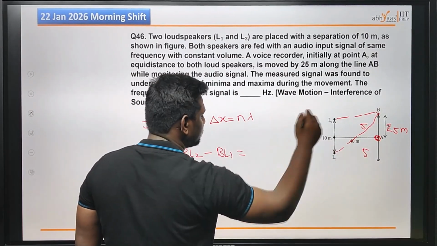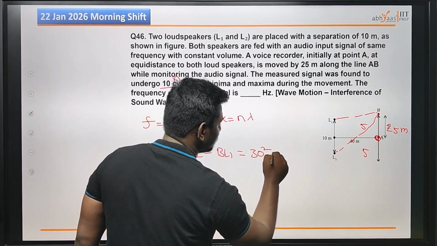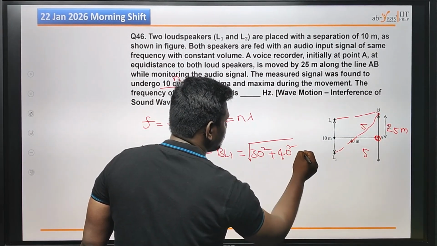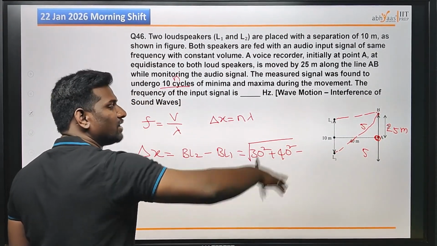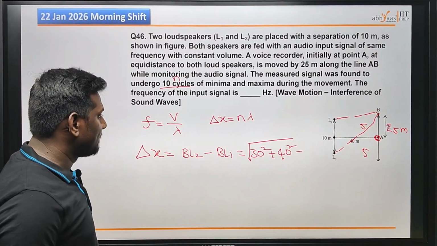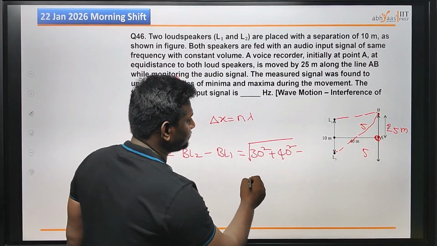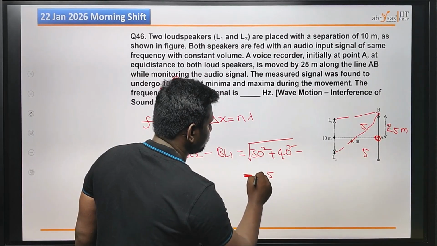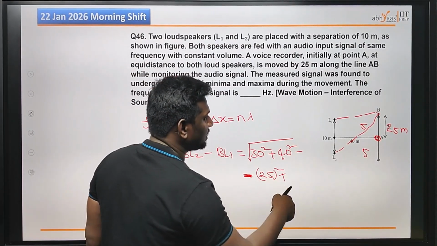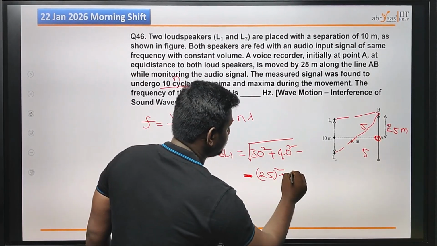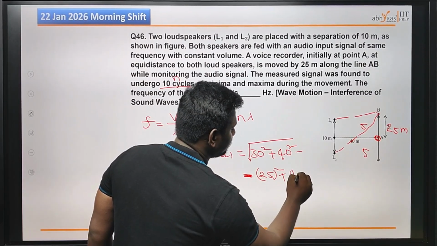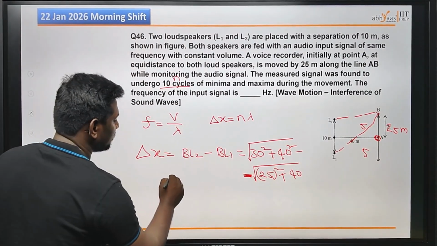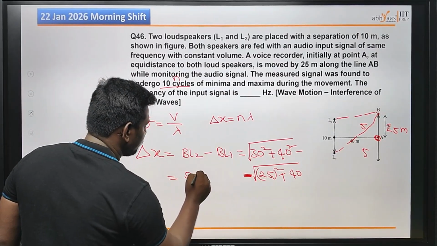So from this one, square root of 30 squared plus 40 squared, minus, finding the hypotenuse, square root of 25 minus 25 whole squared plus 40 squared. If you solve this one, you will get the answer.